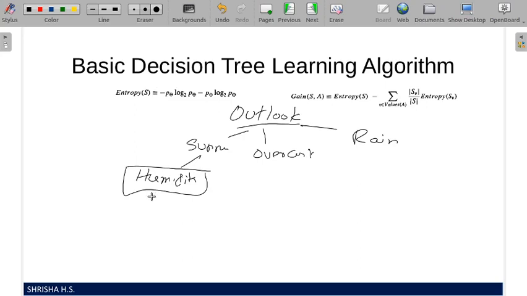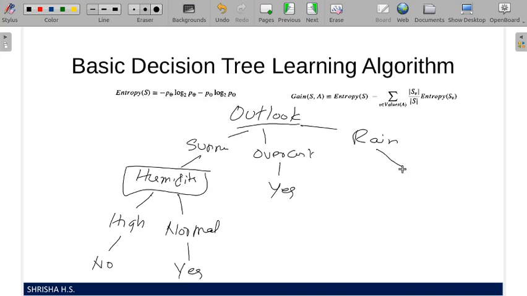Whenever outlook was sunny and humidity was high, we got all classification as no. Whenever outlook was sunny and humidity was normal, we got all classification as yes. When outlook was overcast, we got all classification as yes.